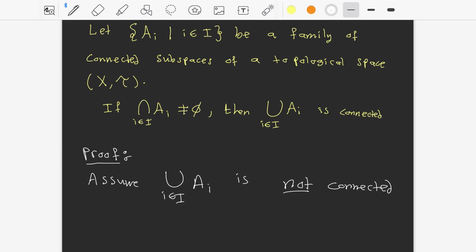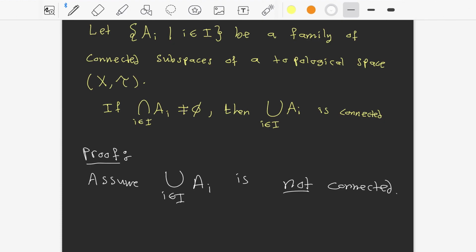Now, if a set is not connected, it has two equivalent definitions. First of all, there is a closed and open, non-trivial, proper subset of the space.